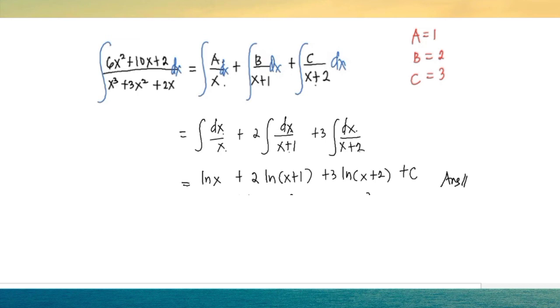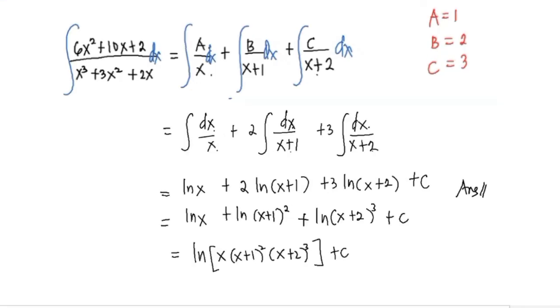The derivative of x plus 2 is dx, so we would have 3 ln of x plus 2 plus c, and this is our final answer. If we want to simplify further, the 2 will be the exponent of x plus 1 and the 3 will be the exponent of x plus 2. Simplifying further, and we would have ln of x times x plus 1 squared times x plus 2 squared plus c, and this is our final answer.